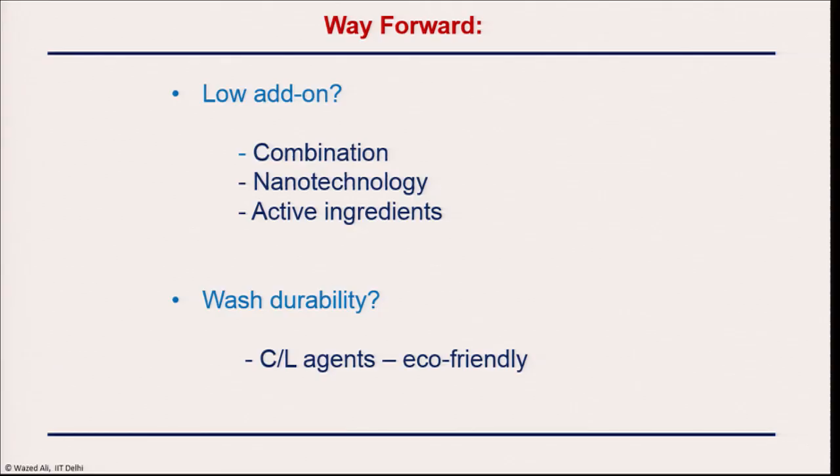And the last thing is one of the major issues of natural extract, which researchers know: it is very difficult to have a durable finish from natural extracts. The same thing I am repeating over here, wash durability absolutely depends on what kind of chemical linkage or chemical interaction or chemistry there is between the textile fiber and the natural agents.